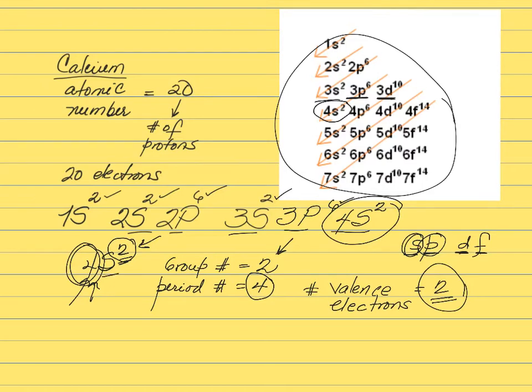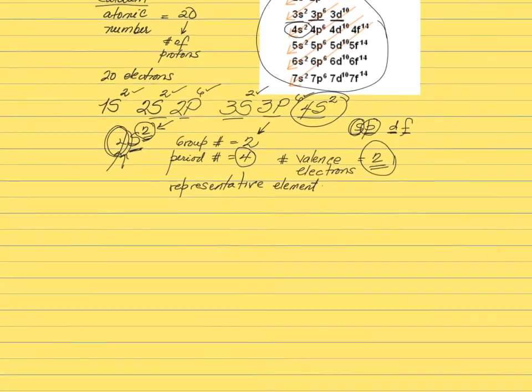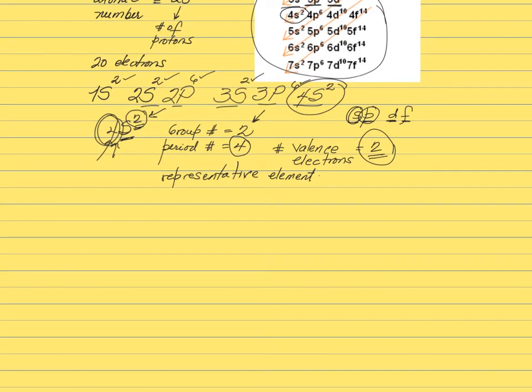Besides that, Ms. Ramos, what other information can I get from there? Since the ending is s, it is a representative metal or representative element. Elements whose electron configuration ends in s or sp are classified as representative elements.